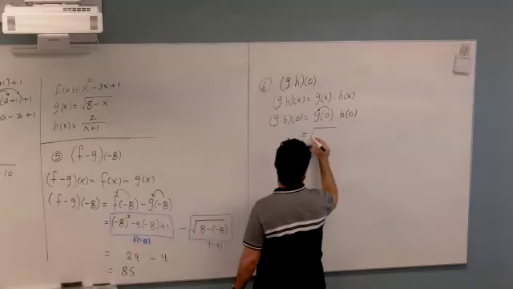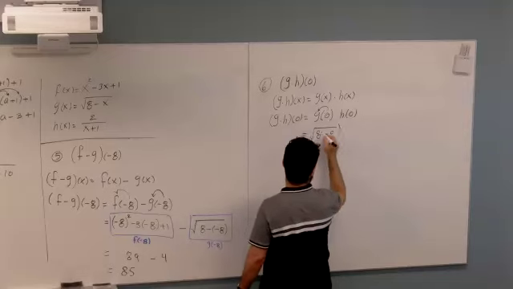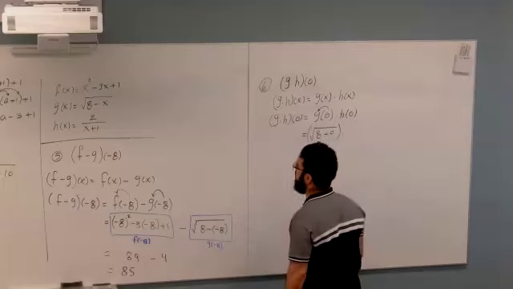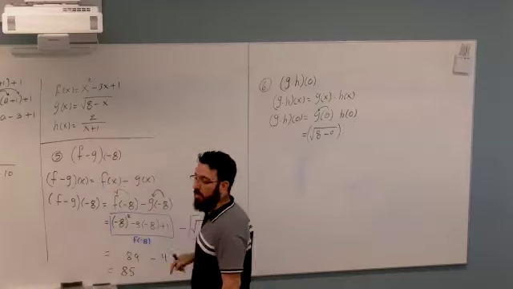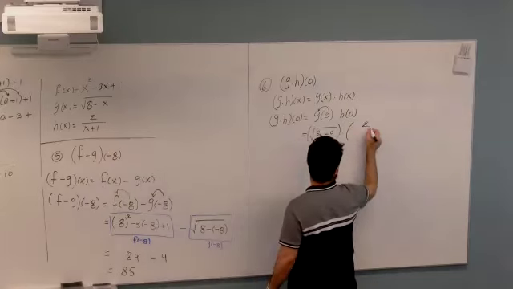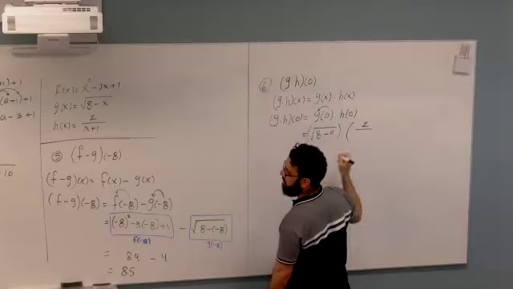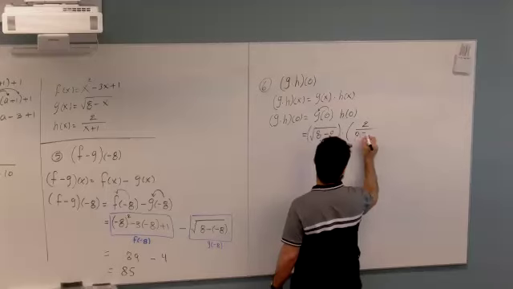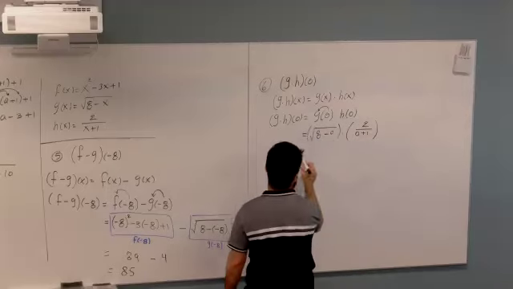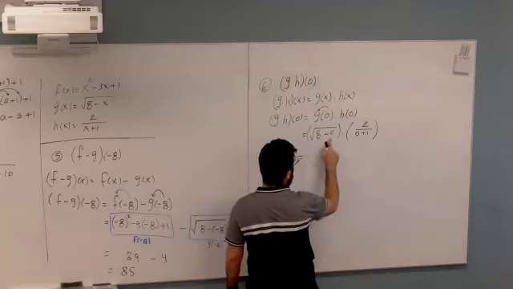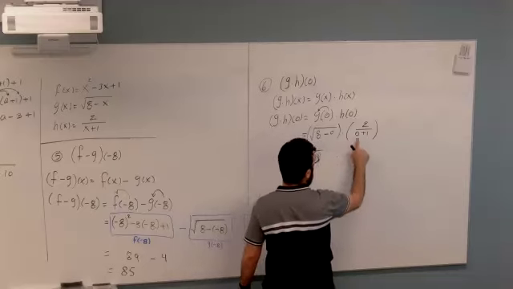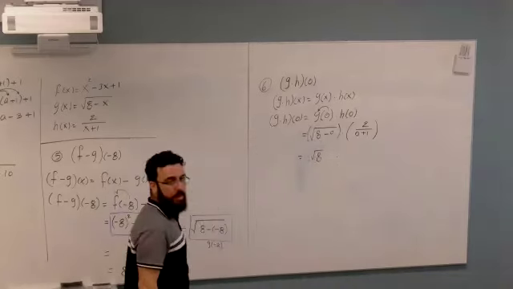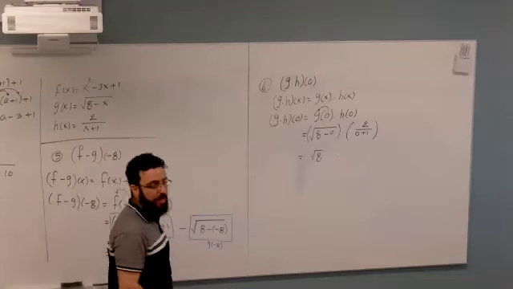It's going to be the square root of 8 minus 0. It's the first one, times. You can put parentheses or not, both are right. Now plug in 0 where? In h, which is 2 over 0 plus 1. So here it is the square root of 8 minus 0 times 2 over 0 plus 1. 2 divided by 1 is 2.